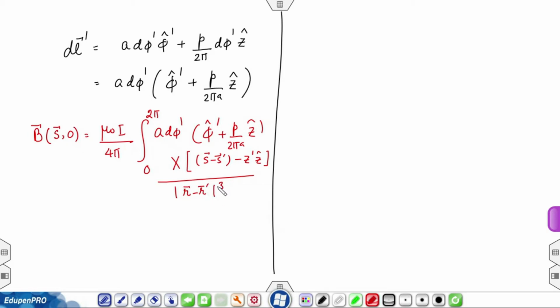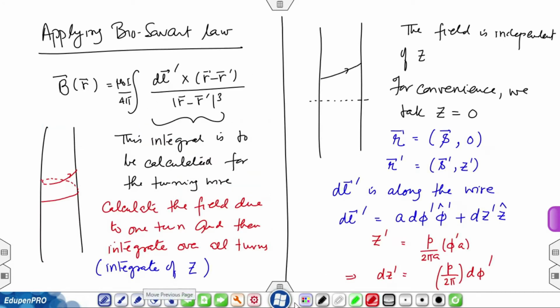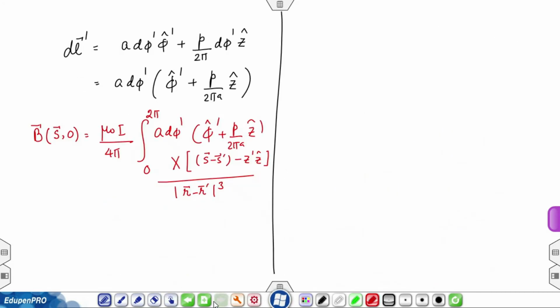That is the definition. This is what we are calculating.